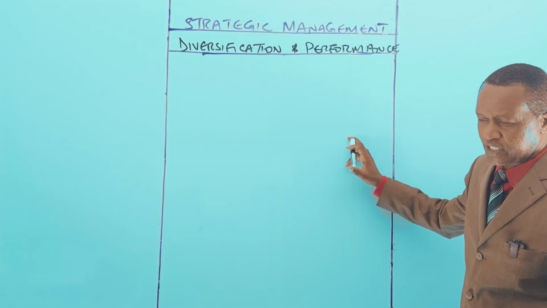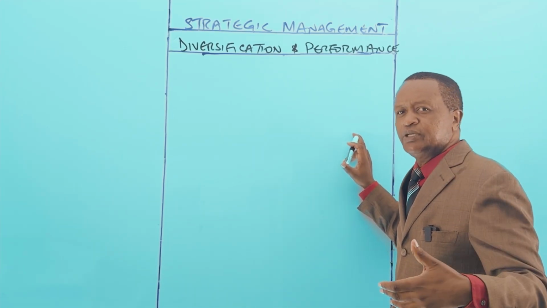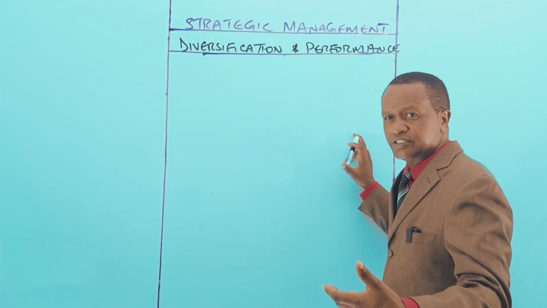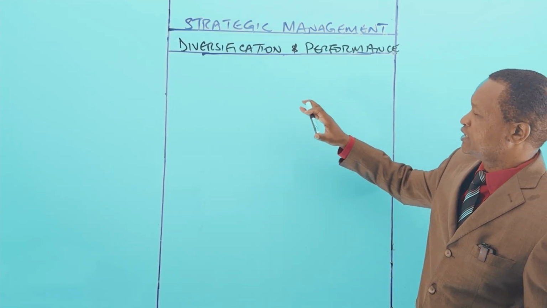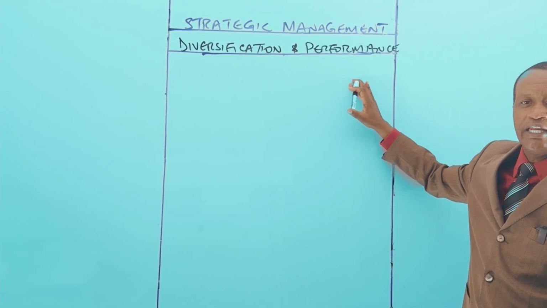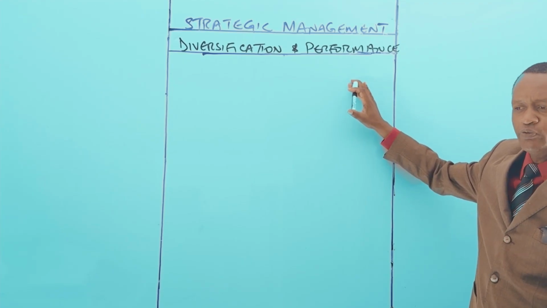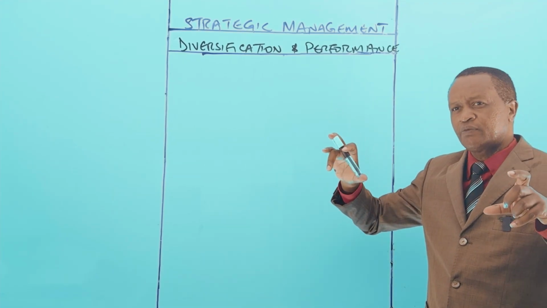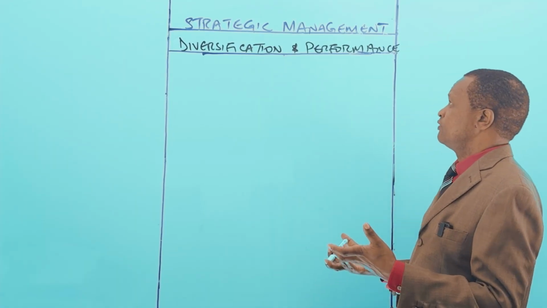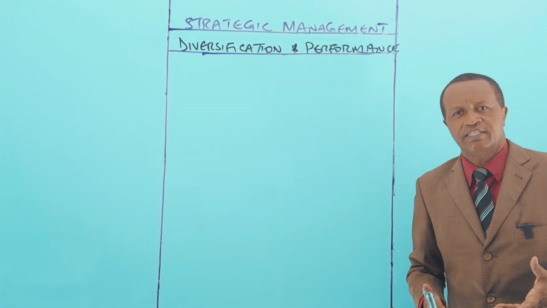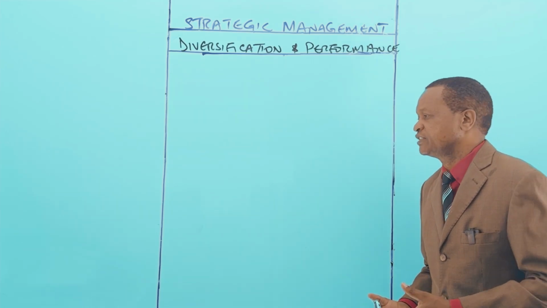And such a decision carries both potential benefits and also risks directly impacting on a company's performance. That's why today we are studying diversification and performance. But before we get into the complex relationship between diversification and performance, it's important for us to understand the different types of diversification.